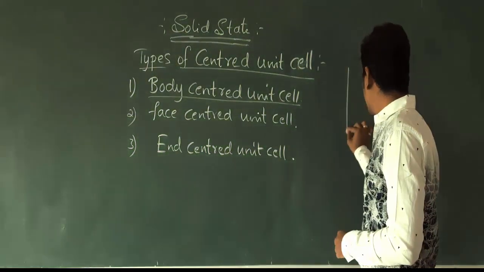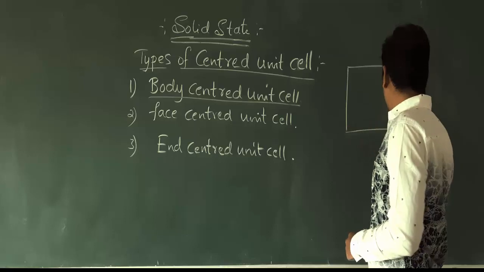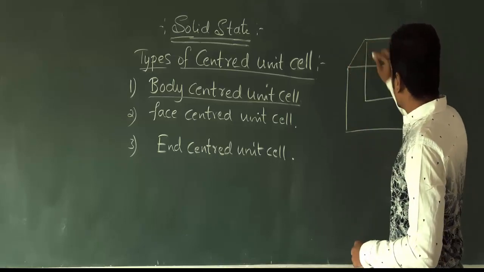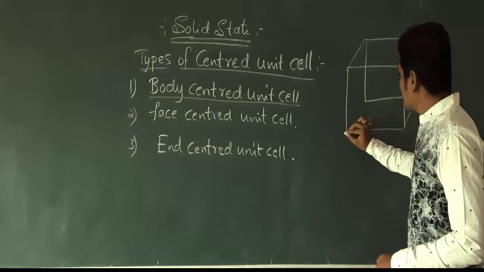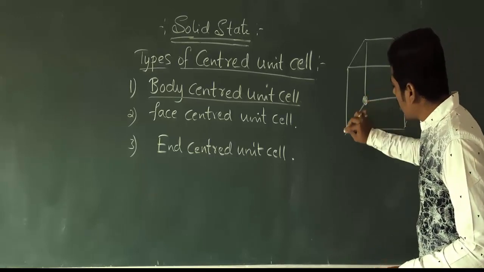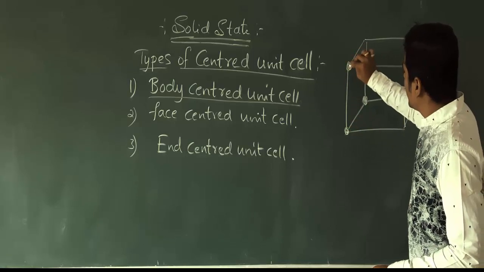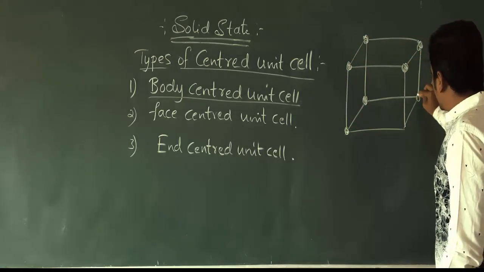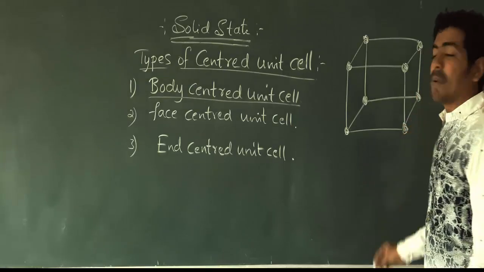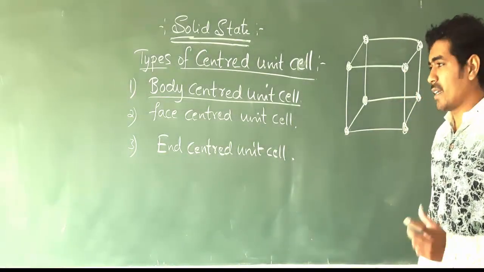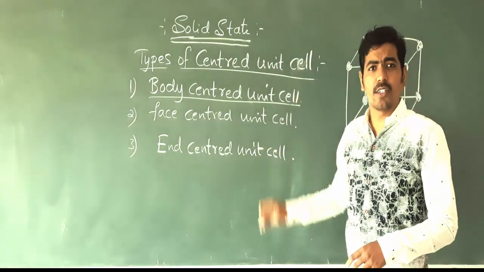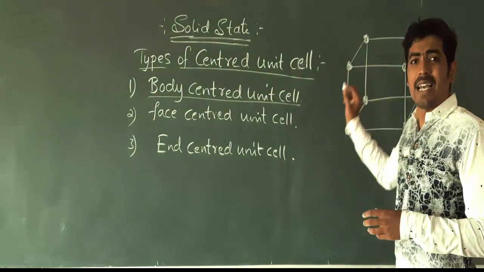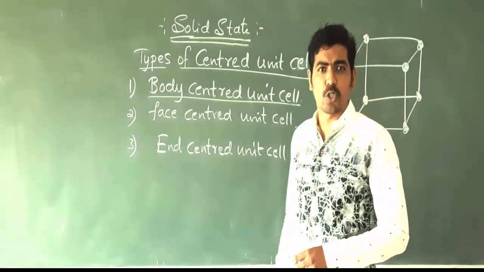If I consider a simple cubic unit cell, in this cubic unit cell the particles are present at the corners. If the particles are present only at the corners, then it is considered a primitive unit cell. But now we are discussing a centered unit cell where the particles are present at the corners as well as at different positions.